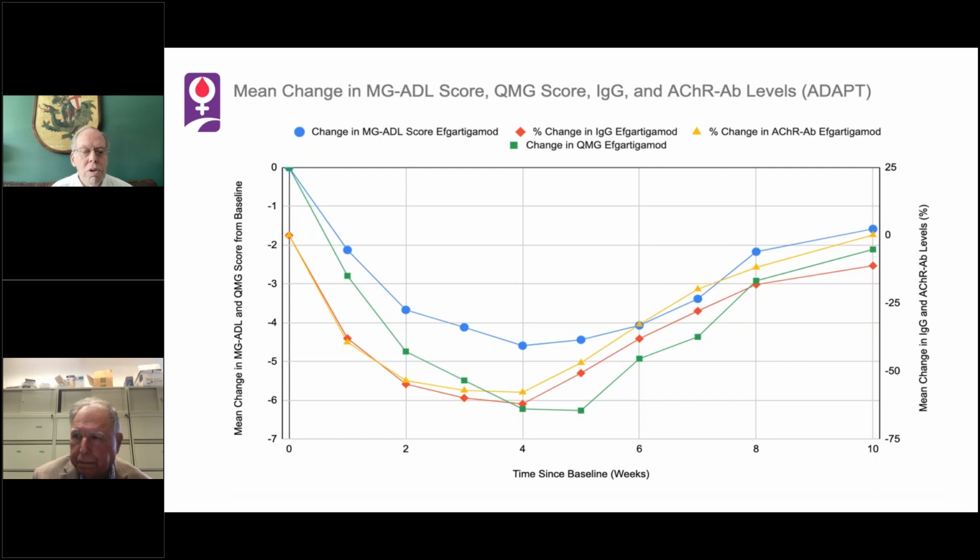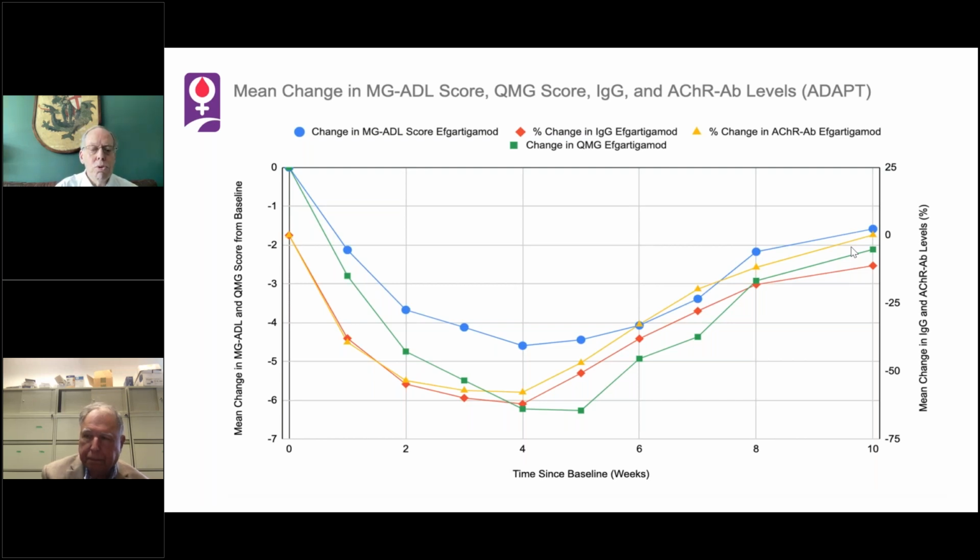What you see here in these patients with myasthenia is that those antibodies decrease together. The IgG levels go down over time as the FcRn inhibition takes effect, there's a reduction in catabolism, so the IgG levels fall dramatically. Then as the effect wears off, they go back to normal. But the interesting thing is that these are happening almost in perfect parallel.